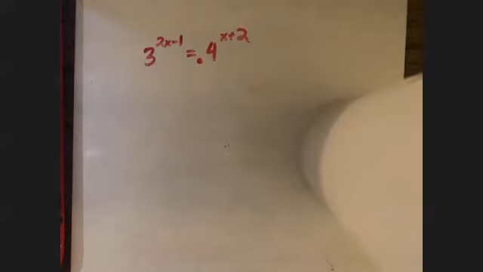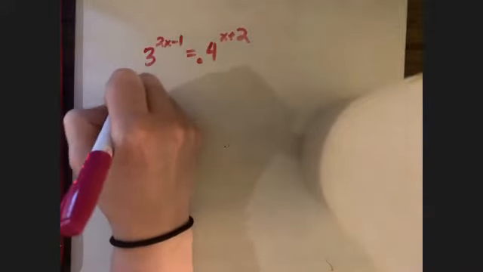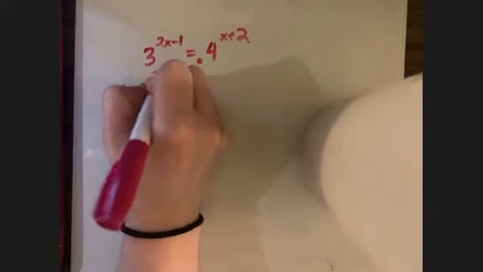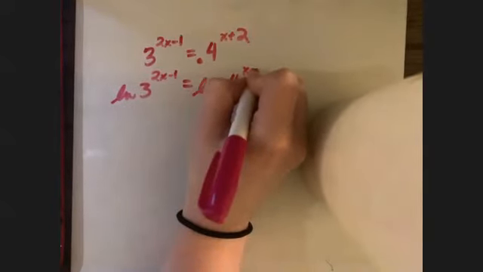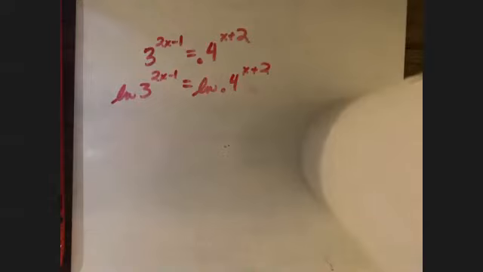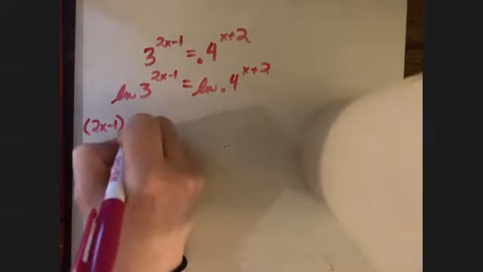So I'm going to use natural log again and process from there. First, I need to bring natural log into the mix, and again, I'm going to bring down my exponents.